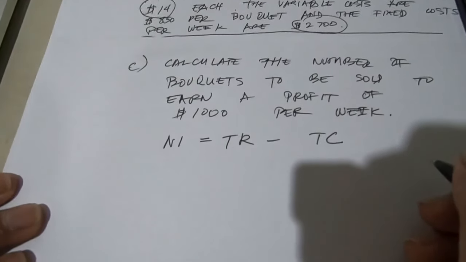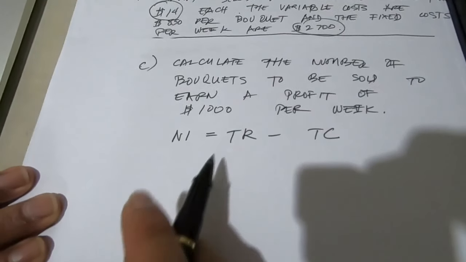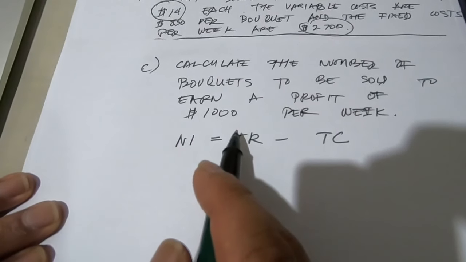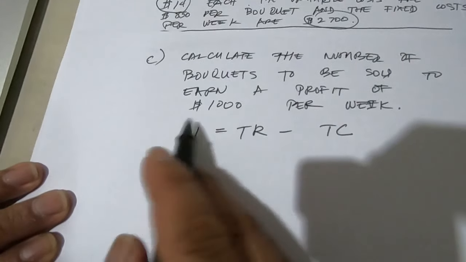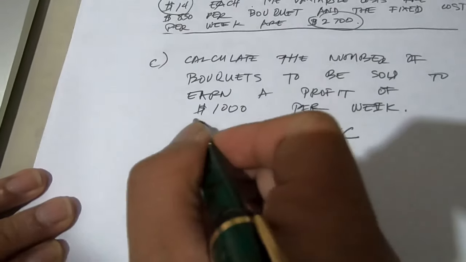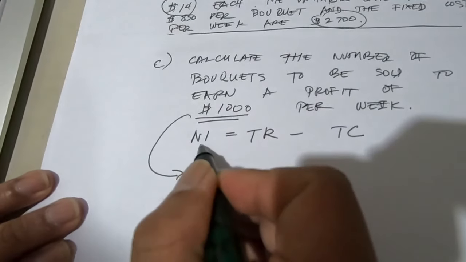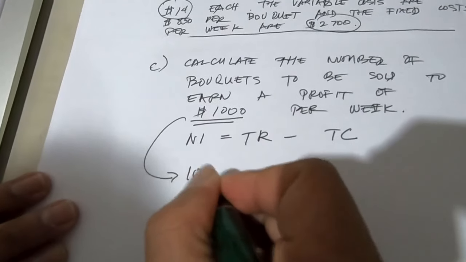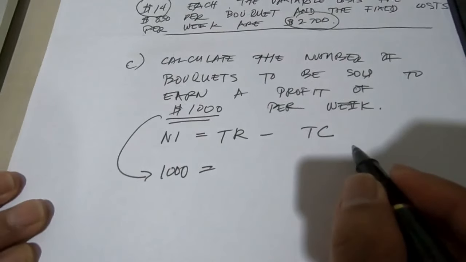Now we know from part C of the problem that we need to know the number of bouquets to be sold when earning a profit of $1,000 per week. So $1,000, that's actually the net income. So that plugs in here. So it'll be $1,000 equals total revenue minus total cost.